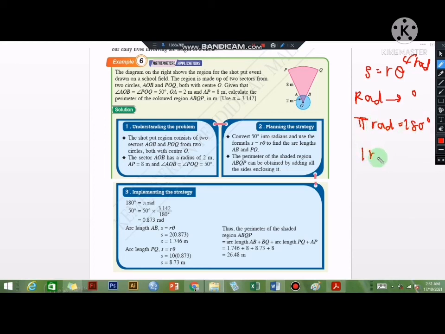So 1 radian is equal to 180 over pi degrees. And to convert from degrees to radians, 1 degree is equal to pi over 180 radians. Remember these three formulas in this subtopic 1.1 and 1.2.